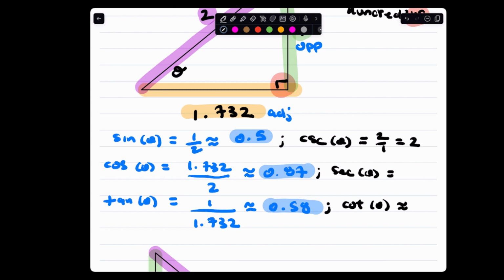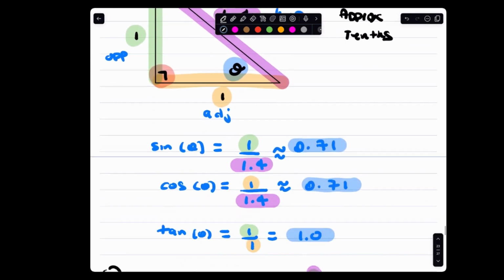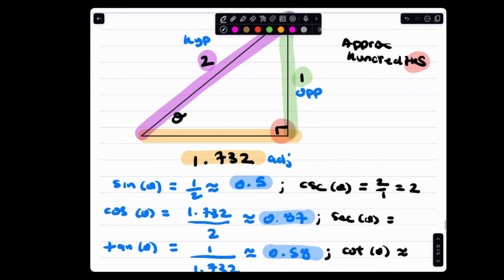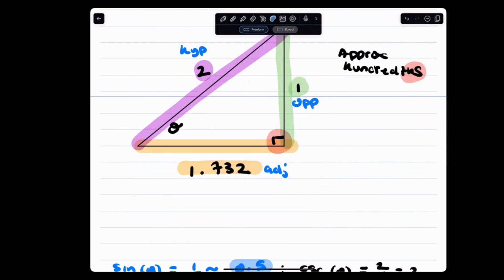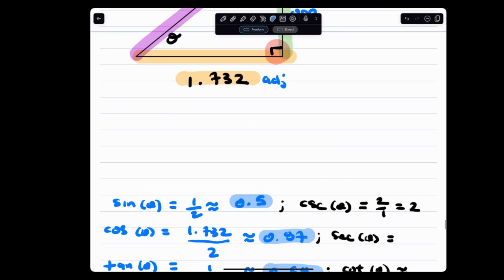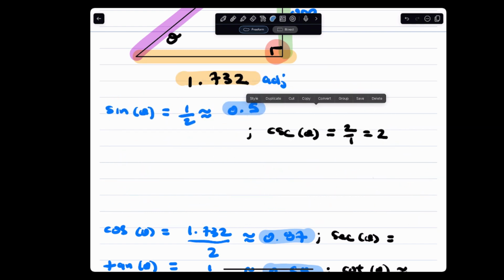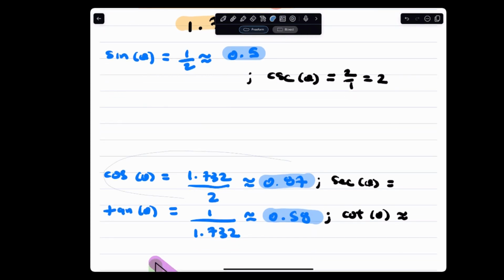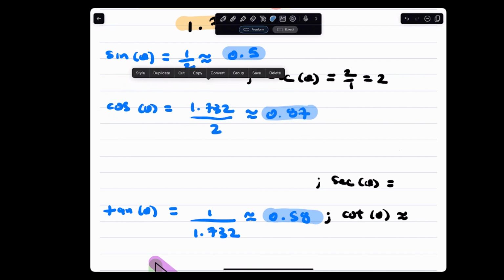And then what about secant now? Looks like I need space. I'm going to move it all up. Okay, so now this next one. Since I know cosine, what is secant going to be?